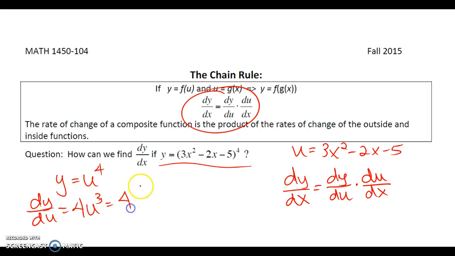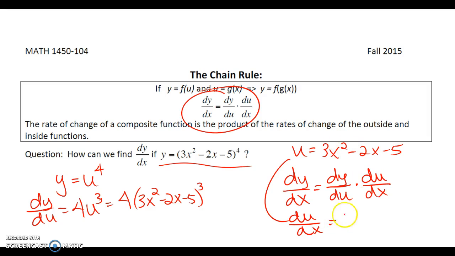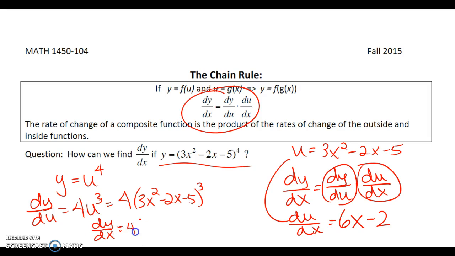Which, if I substitute back in what u is, is 4 times (3x squared minus 2x minus 5) to the third. If we come over here and take du dx, that's what? 6x minus 2. So that will go right here times what we have there, and our whole dy dx will equal 4 (3x squared minus 2x minus 5) to the third times (6x minus 2).